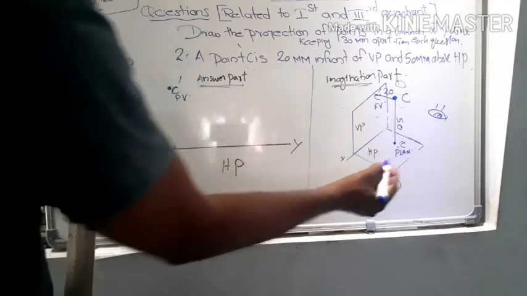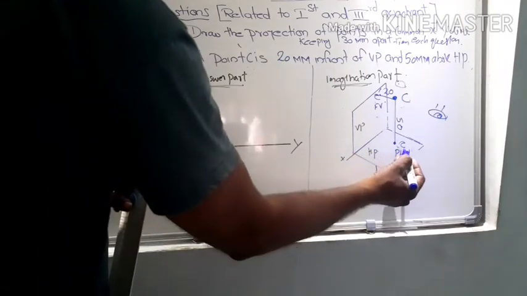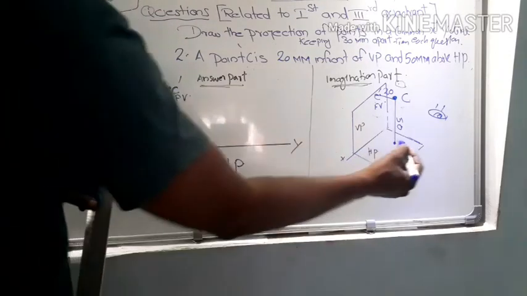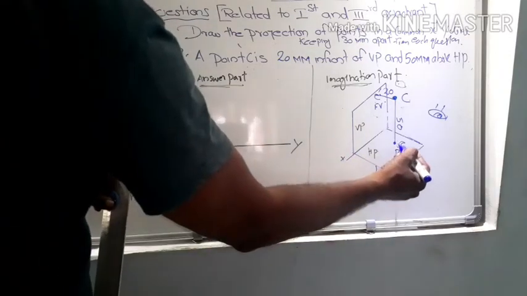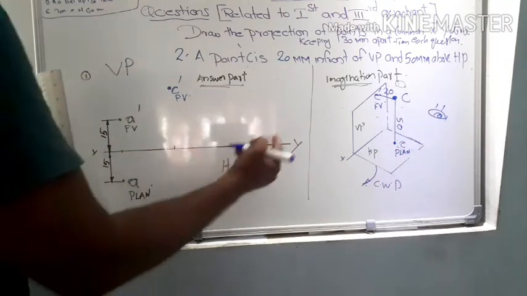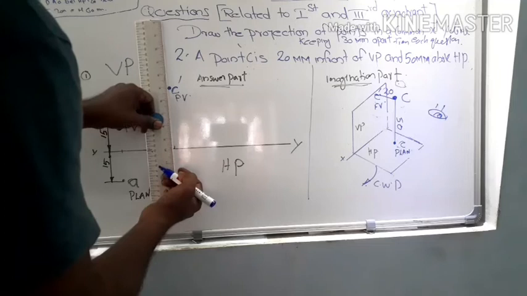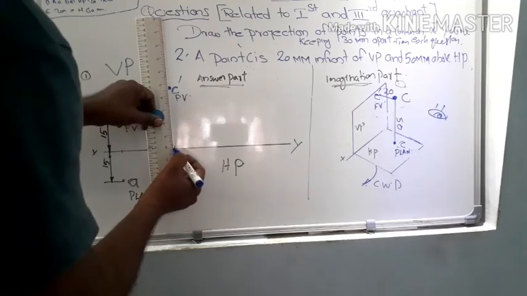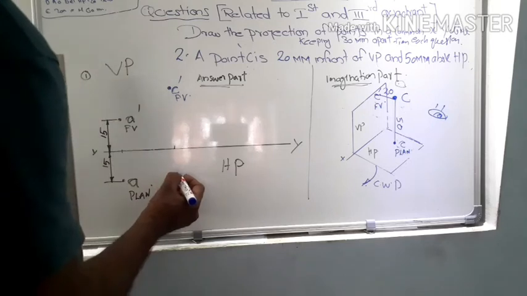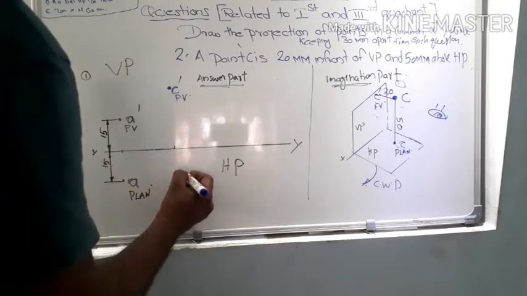After projecting the plan on HP, having a tendency to rotate in clockwise direction, at that time the point and plane also come below the XY line. Now mark a 20 mm distance here, put a point here, that is point marked with c.